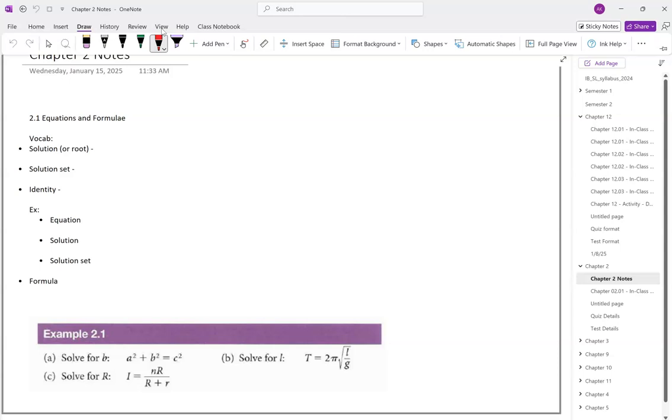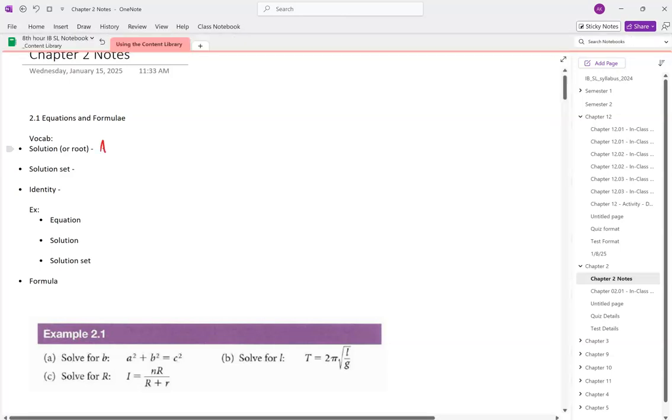All right. So starting off, we're going to talk about equations and formulas. So when we say something is a solution, what is that? It's an answer. It's like a value that satisfies an equation.